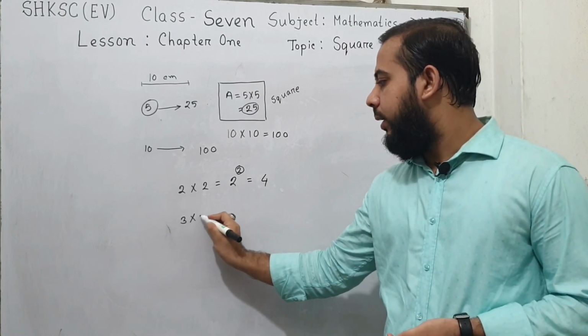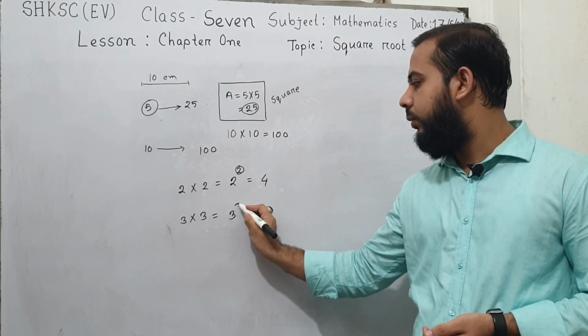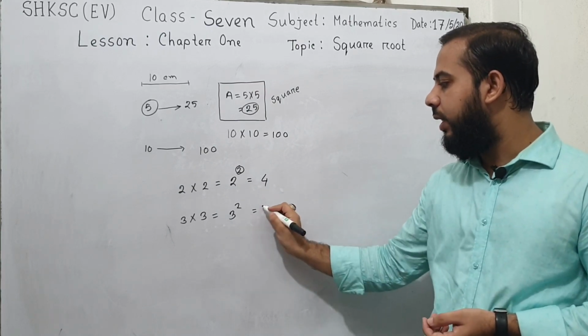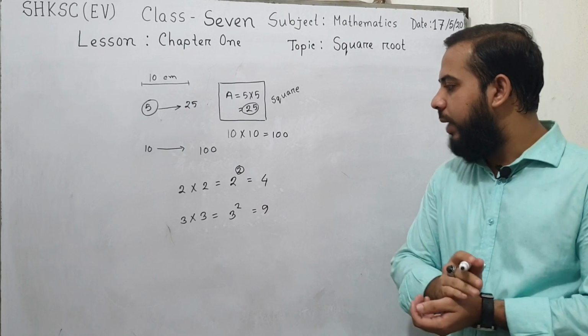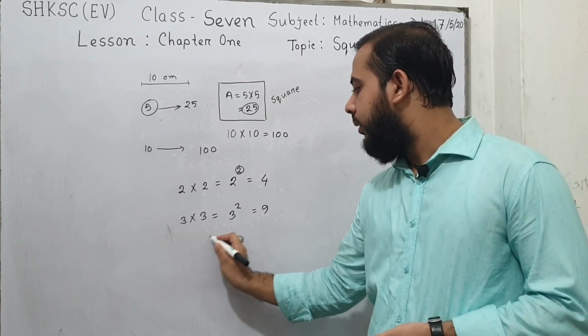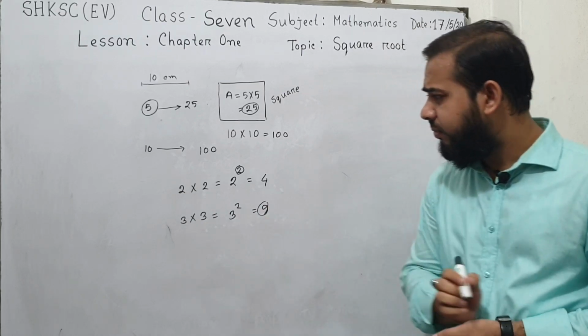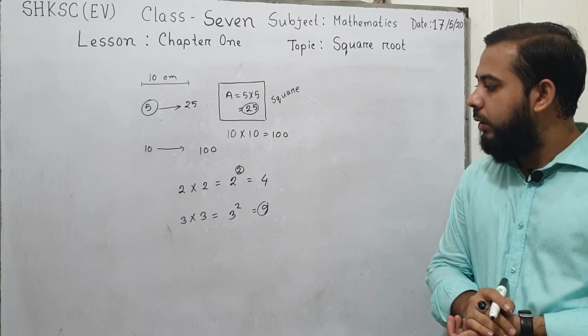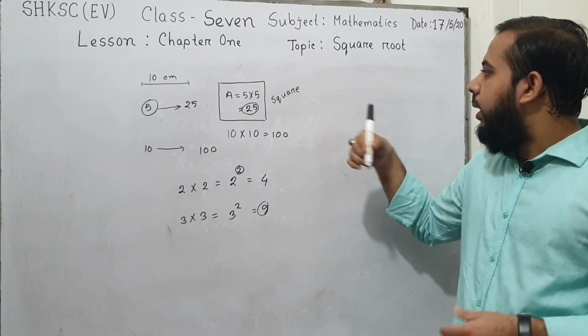Again, we can write 3 times 3, 3 to the power 2, which is 3 square, equal to 9. So the square of 3 is 9. This is how we can find squares of any number.